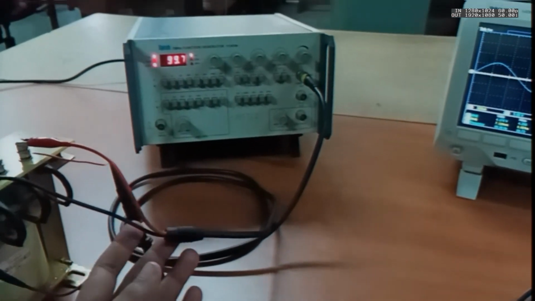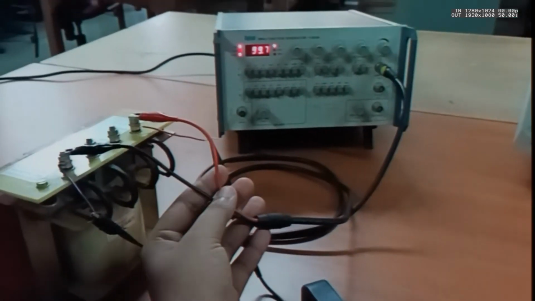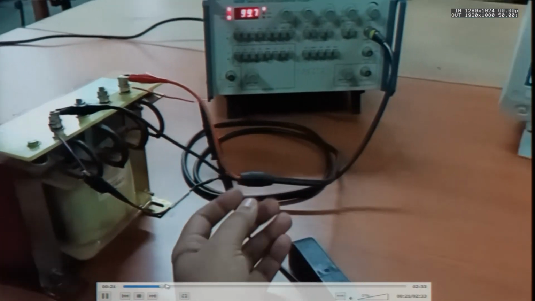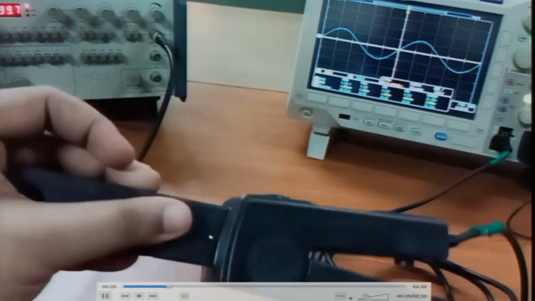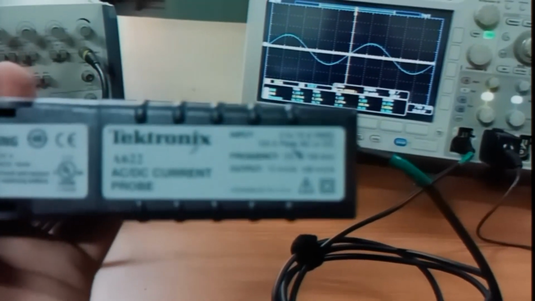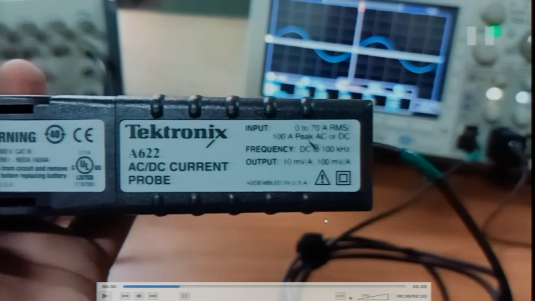If you look at the specification of this particular current sensor, it has a 100 kilohertz bandwidth.